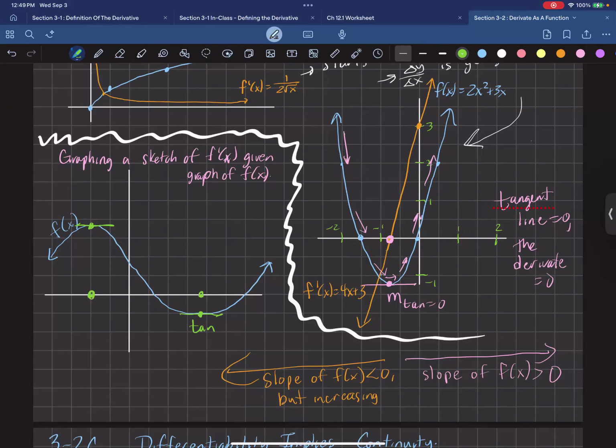All right, so in this region right here, we can see that the slope is going down. And then over here on this side, and over here on this side, the slope is going up.